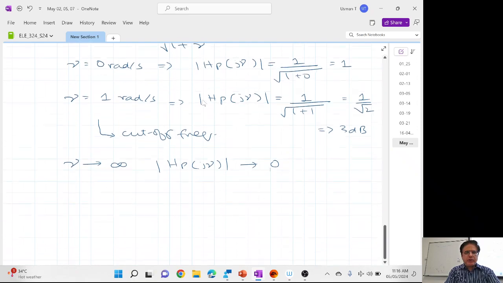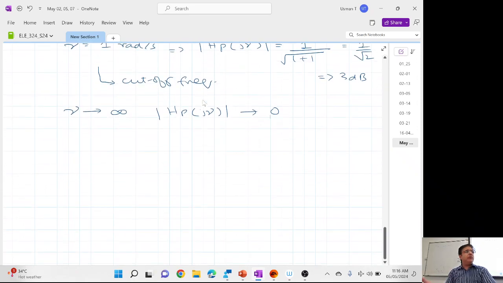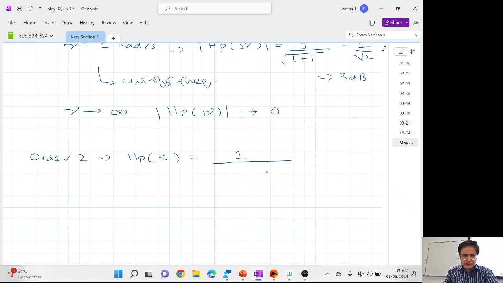Now there can be low pass prototype filters of higher orders as well. For example, for order 2, a Butterworth low pass prototype filter will have a transfer function that looks like 1 over s squared plus 1.4142s plus 1.